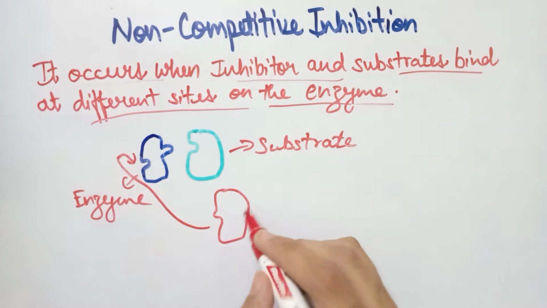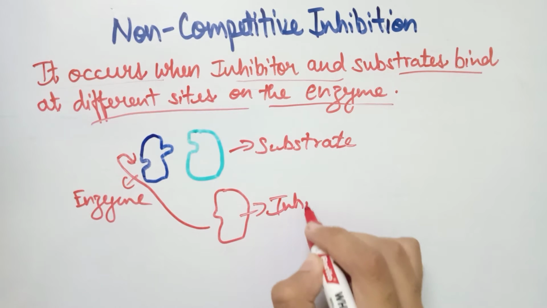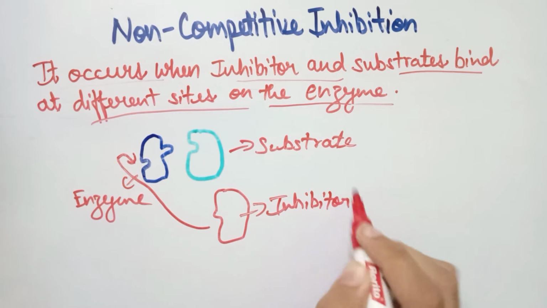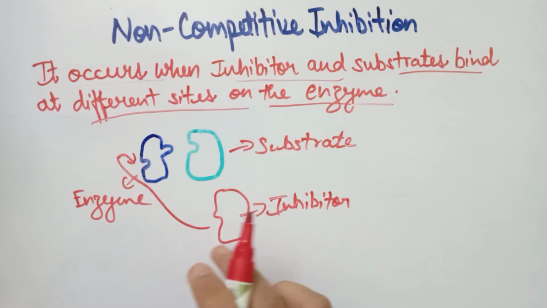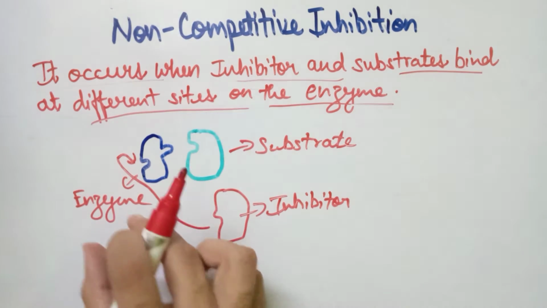So this inhibitor will bind to this other site of the enzyme and will inhibit the enzymatic activity in this way.